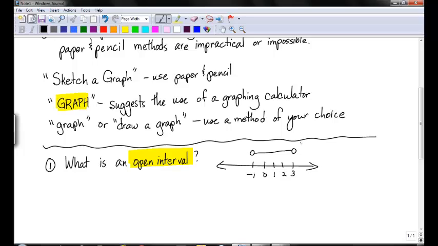Okay, if I was just writing an open interval, I said I want the open interval from -1 to 3, and I don't want to do this number line, what symbols does the author use? That greater than or less than is how we did it in Algebra 2 and pre-calc, like if I did x is less than 3 and greater than -1.